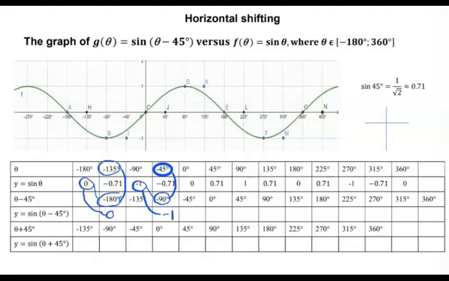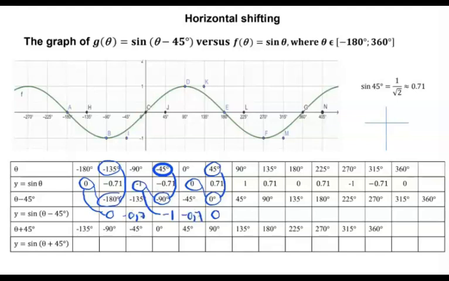If I look at 45 degrees and I subtract 45 degrees, I get 0 degrees. That means I will pick the value for the regular sine theta of 0 degrees, so that gives me 0. And so will this, 0.7, minus 0.7, and this is minus 0.7, etc.